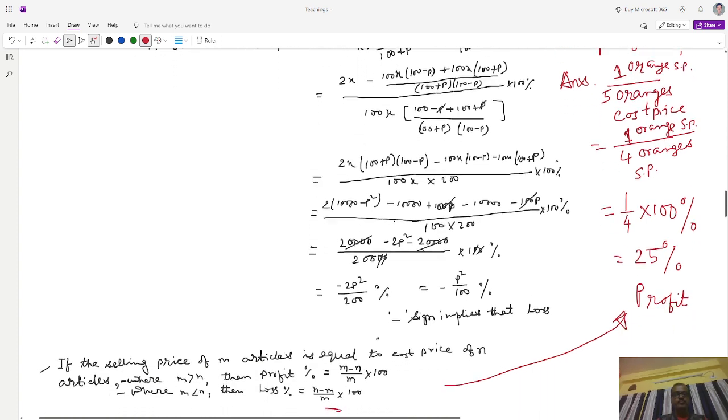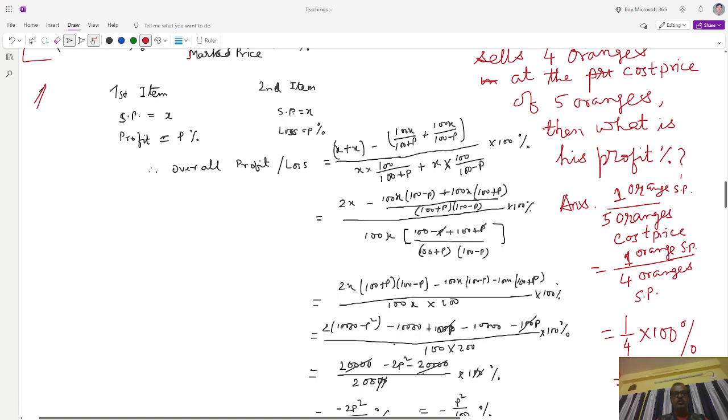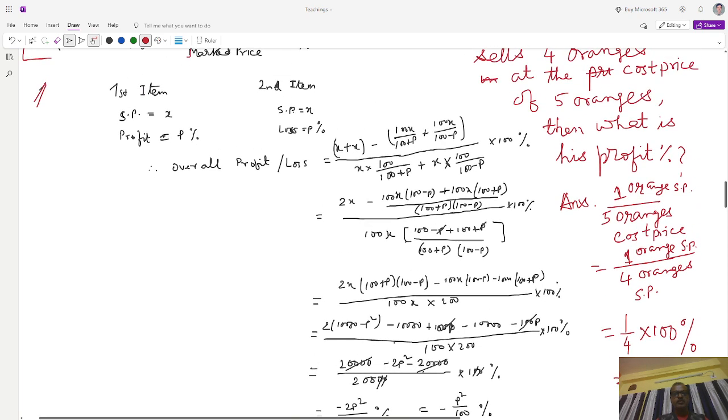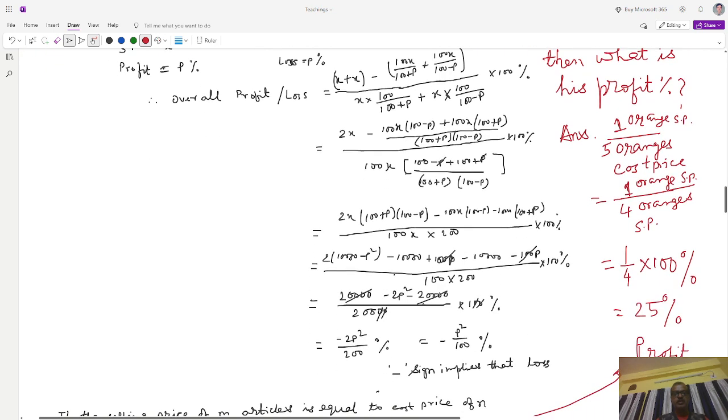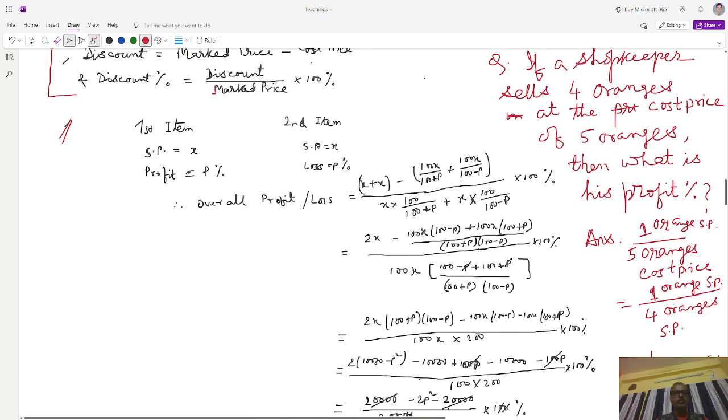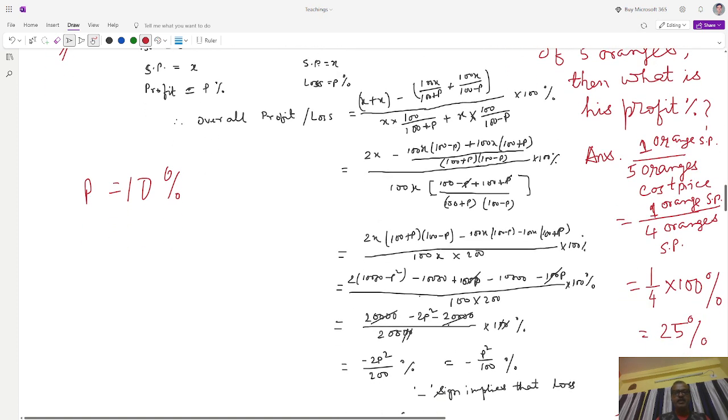Here we see that x has no significance in the generalized expression. If we consider P equals 10%, then what will be the result?